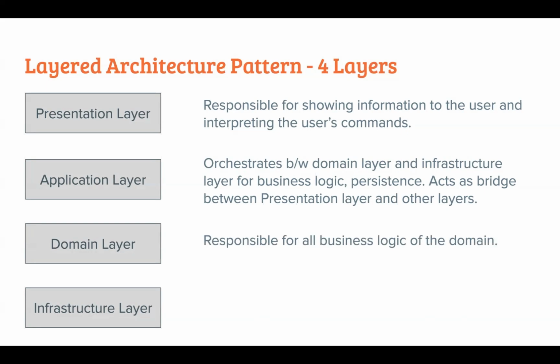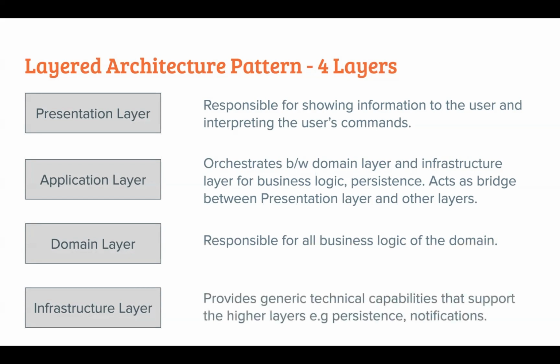The term domain here refers to the business domain for which you are writing the code. For example, e-commerce, healthcare, or finance. The infrastructure layer provides generic capabilities to support the higher layers. For example, persistence or sending notification. This distinction will be more clear as we see some more examples in later parts of the video.